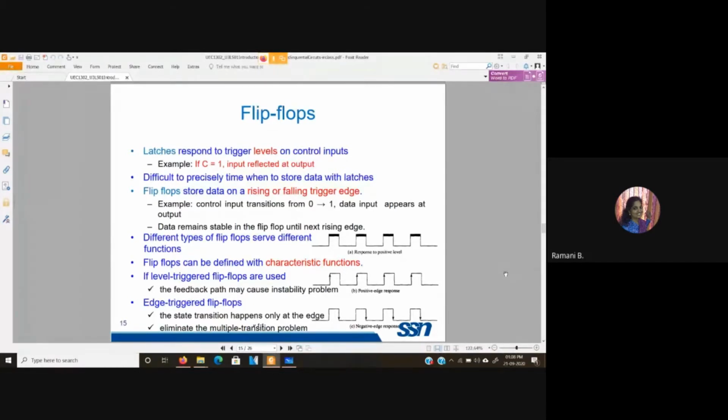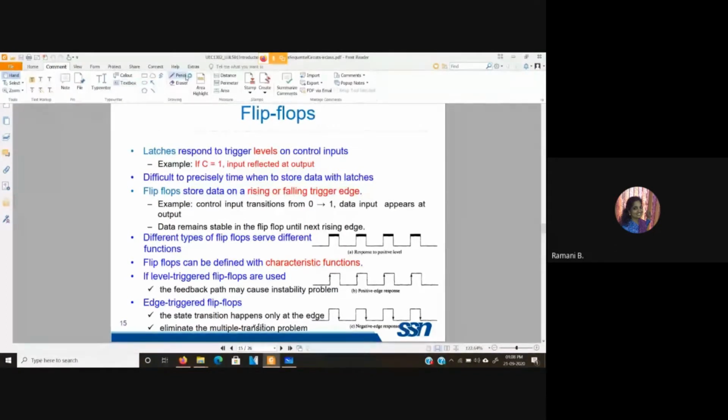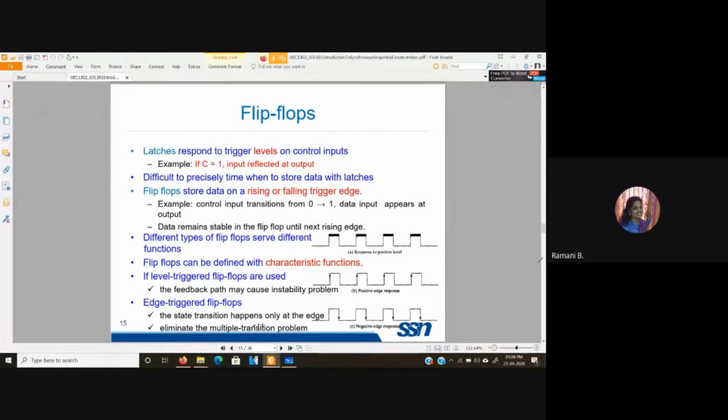Whereas here with flip-flops, these are edge sensitive devices. Okay. So with latches, these respond to the trigger levels on control inputs. That is, if C is equal to 1, then input is reflected at the output.